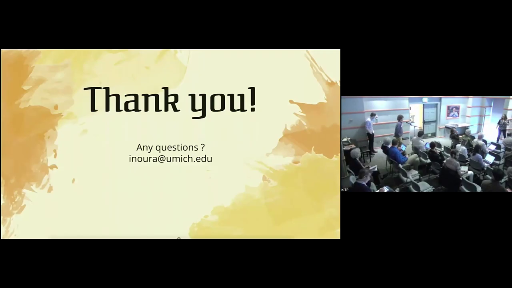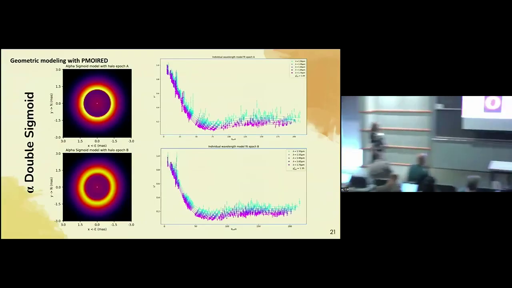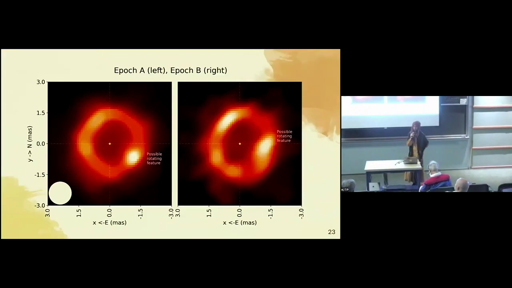Bennett Skinner, McMaster University. You briefly touched on finding a possible rotating feature in this. In earlier talks, we've seen that these rotating features could possibly be associated with planets further out in the disk. Would that be a valid interpretation of your data, or are you not comfortable saying that? So for the rotation that we're seeing here, it is sub-Keplerian.